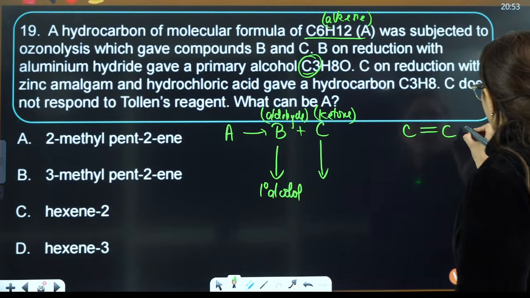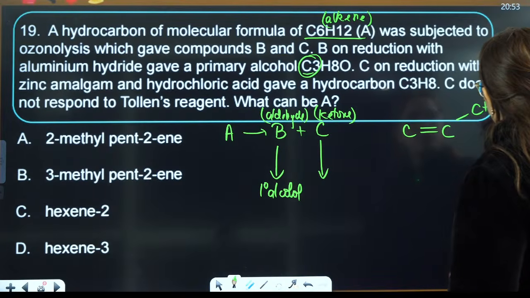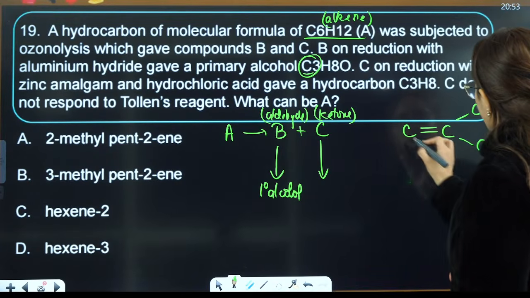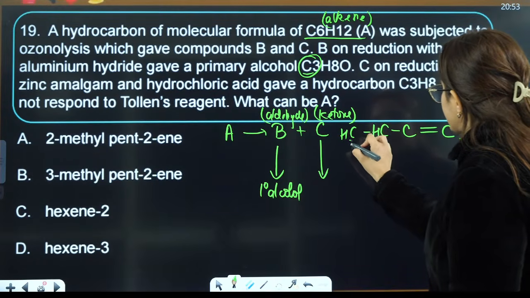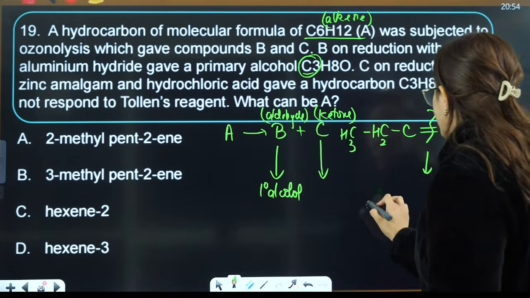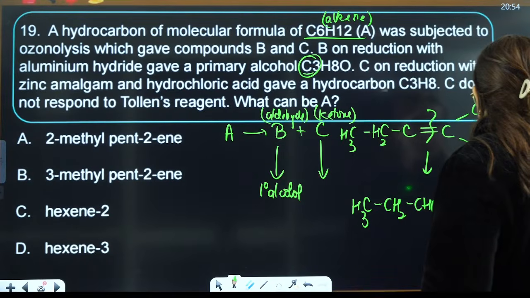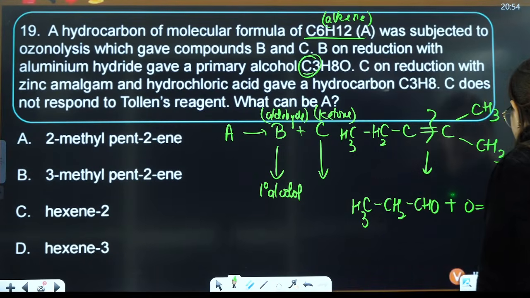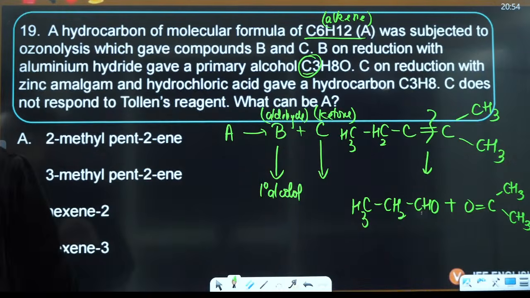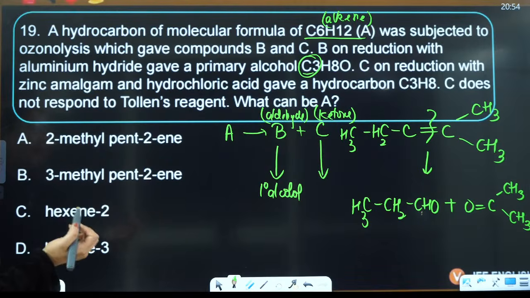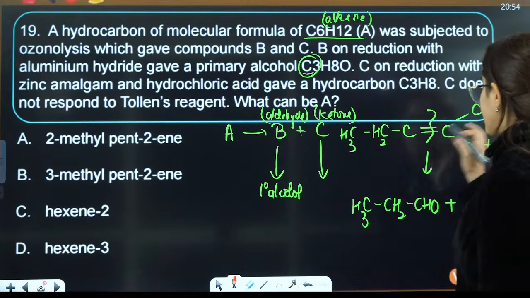So now I have to make an aldehyde and a ketone out of it. If I have this kind of situation, it will give me a ketone. If I have CH3 CH2 and on breaking, this will give me CH3CH2CHO, plus C double bond O with CH3, CH3, right? So this is A, this is the aldehyde, that is all fine.